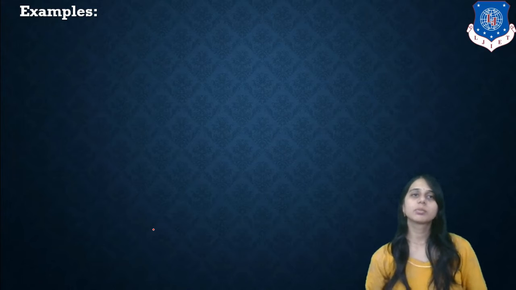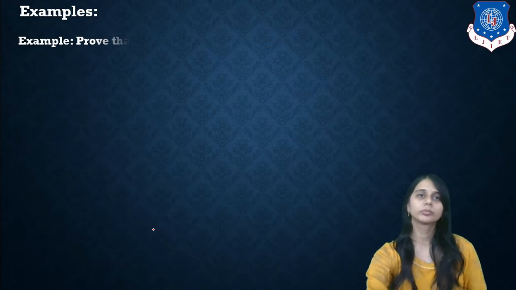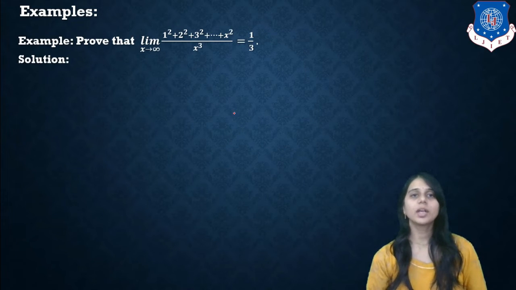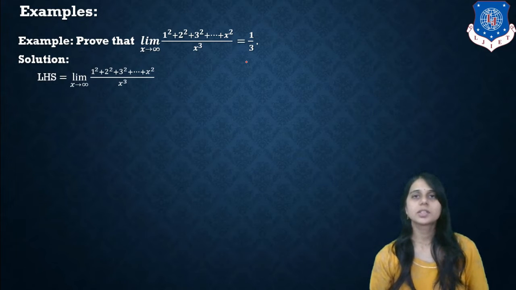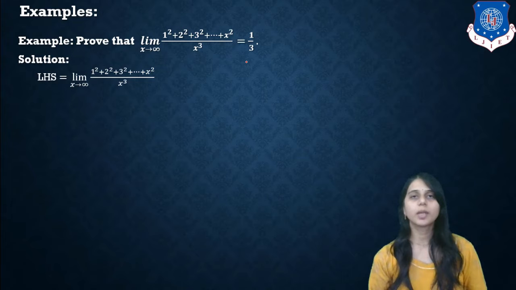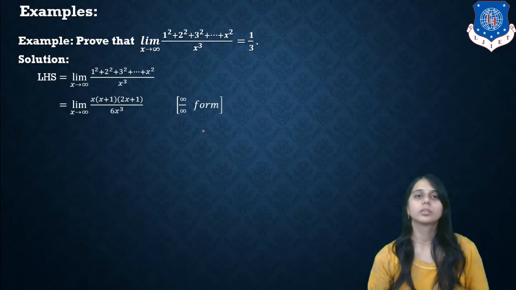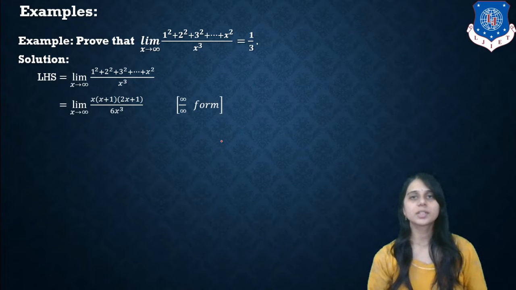We are taking the second example. Prove that the limit as x tends to infinity of 1 square plus 2 square plus 3 square up to x square upon x cube equals 1 by 3. Now LHS: 1 square plus 2 square plus 3 square up to x square, applying limit x tends to infinity upon x cube. We take the formula x(x plus 1)(2x plus 1) upon 6x cube, because this is the sum of squares series.